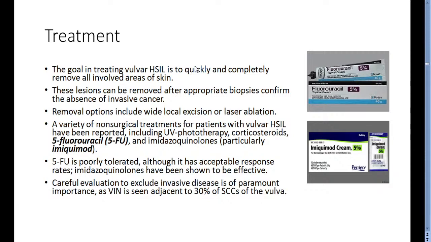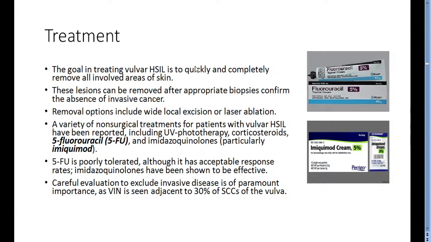A vast variety of non-surgical treatments for patients with vulvar HSIL have been reported, including ultraviolet phototherapy, corticosteroids, which we mentioned before, 5-fluorouracil, 5-FU, and imidazoquinolones, like imiquimod.